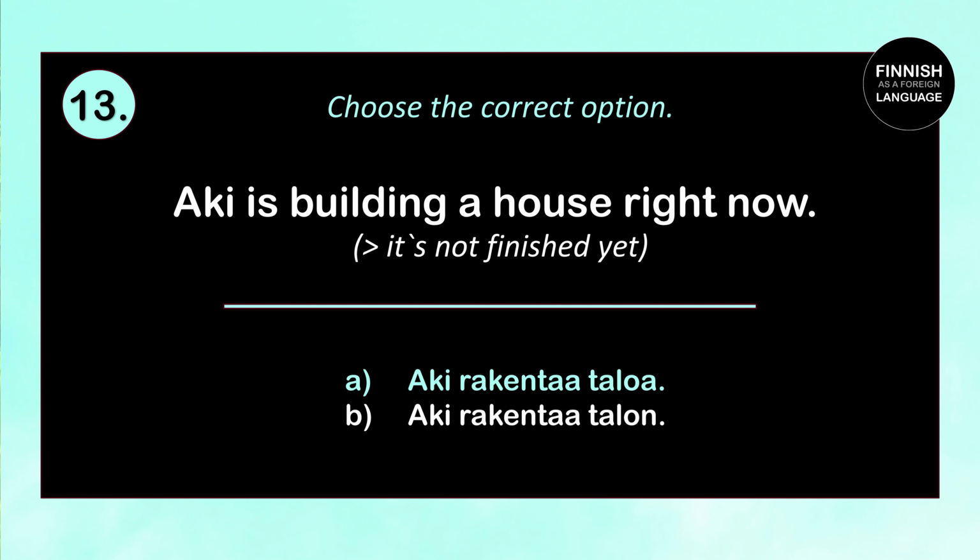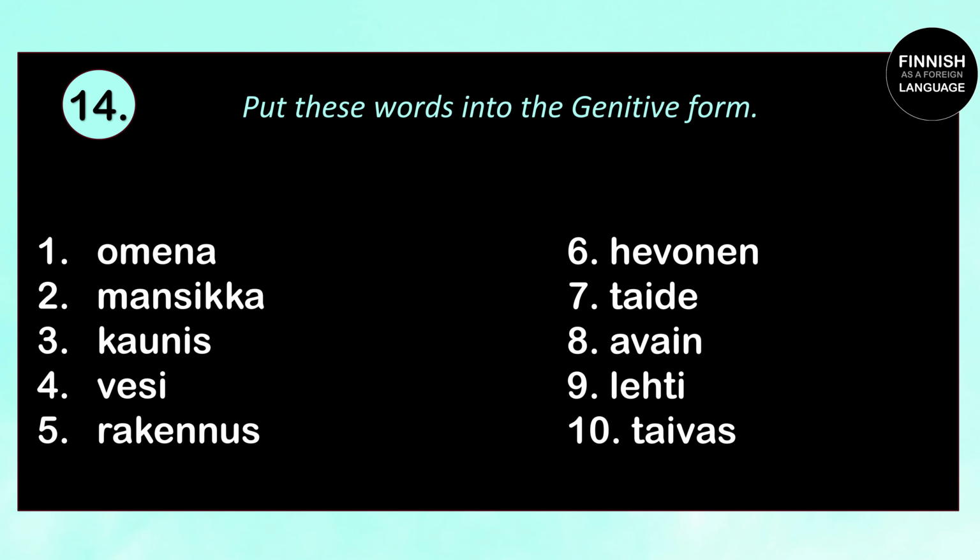Nice. Next one. Genitive case. Here 10 words. Put all of them into the genitive forms. Alright, so omena means apple and its genitive case is omenan.